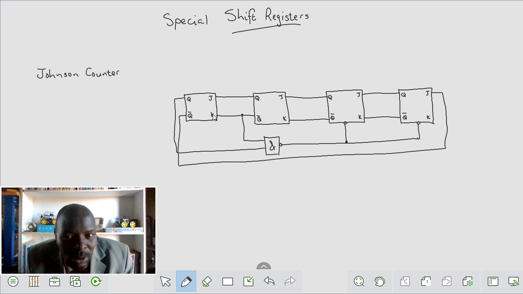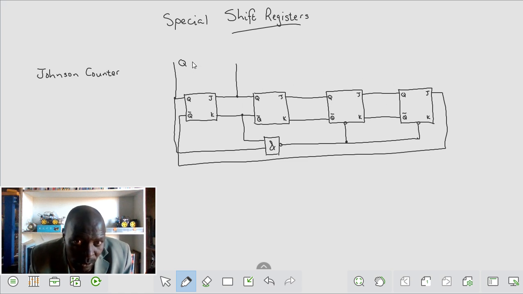Now what we want to do also, we want to have our outputs Q to the power 1, 2, 3, 4. So that's 16. That's 8. No. What am I doing? That's 2 to the power 3.